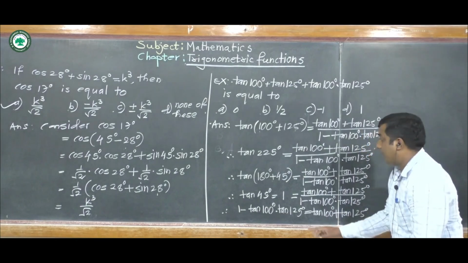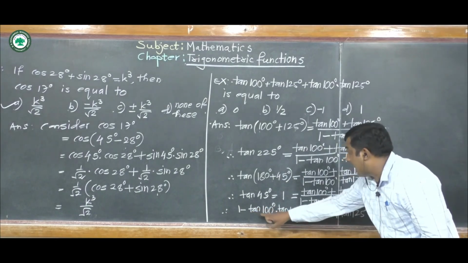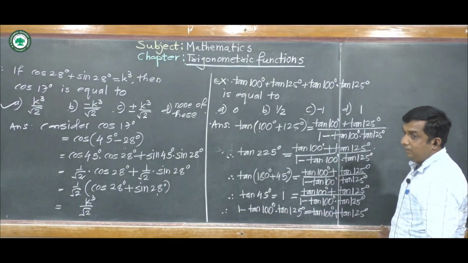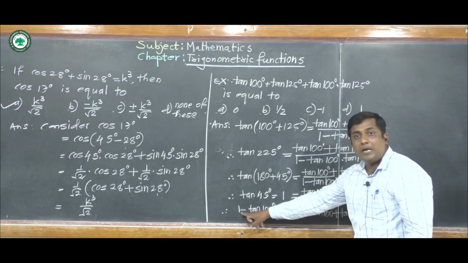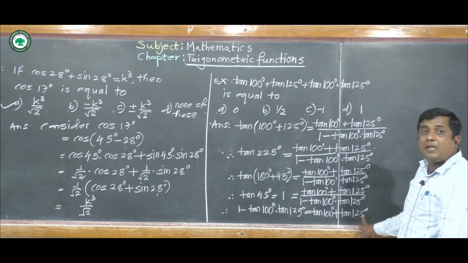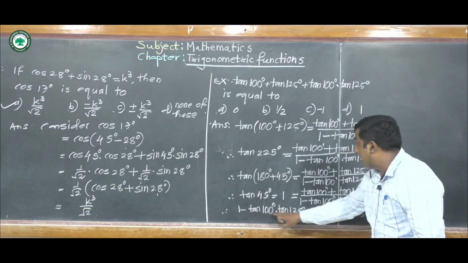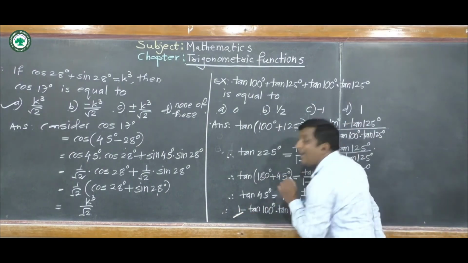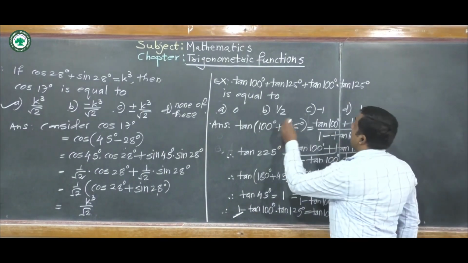Now if we transfer this minus tan 100 into tan 125 degrees to the opposite side, the sign is changed, we get a plus sign. So tan 100 plus tan 125 plus tan 100 into tan 125 is 1. So our correct value is 1.